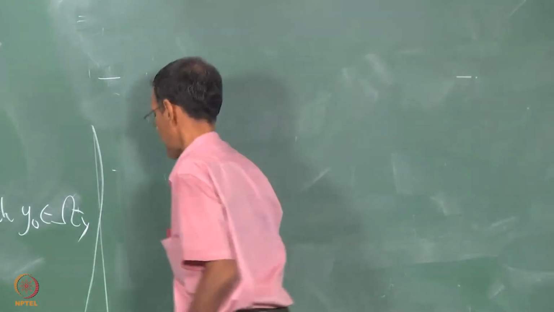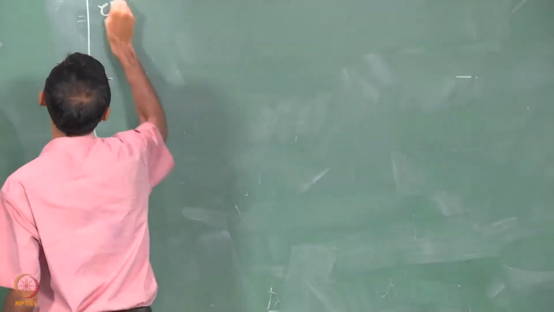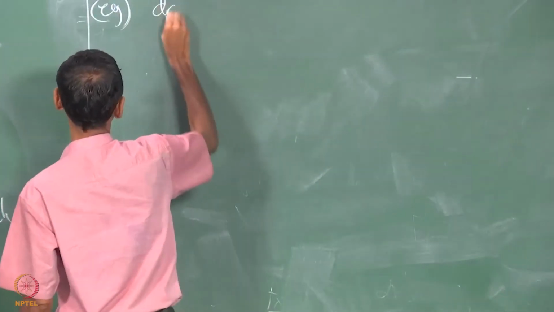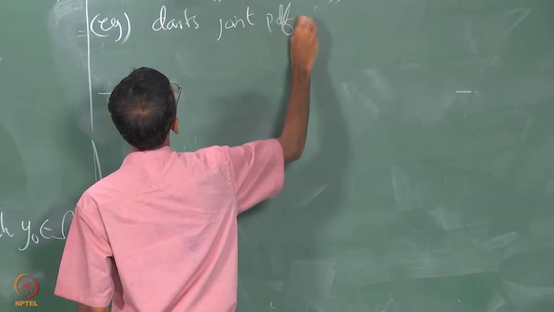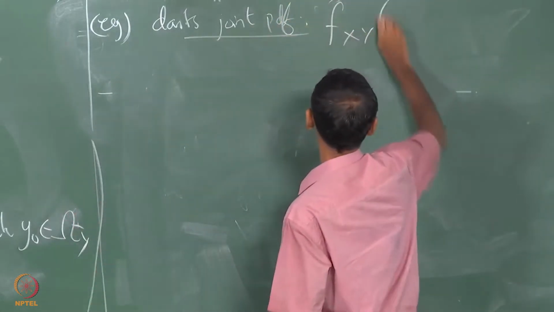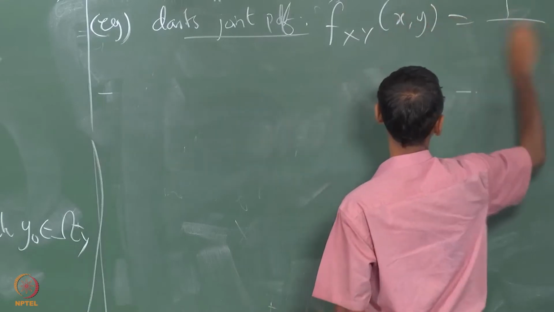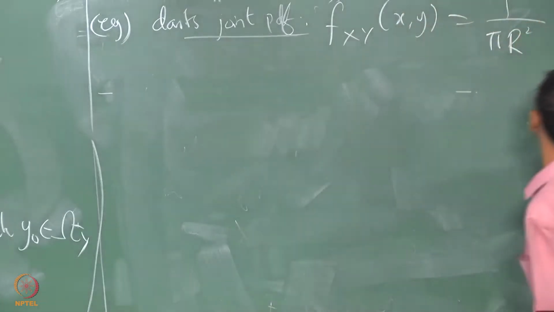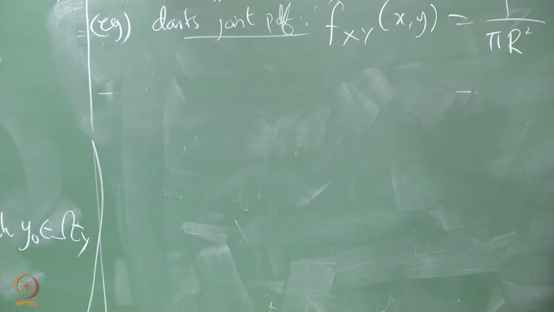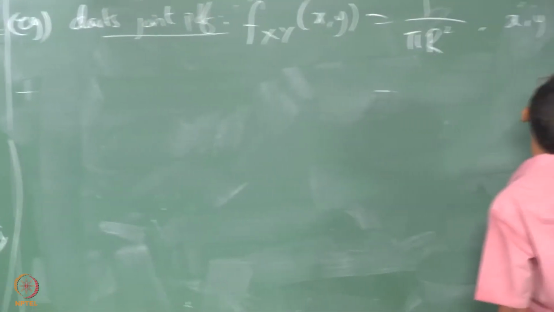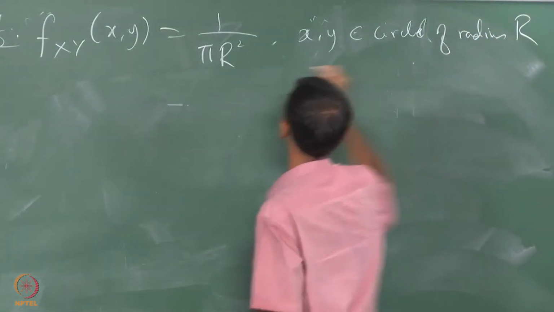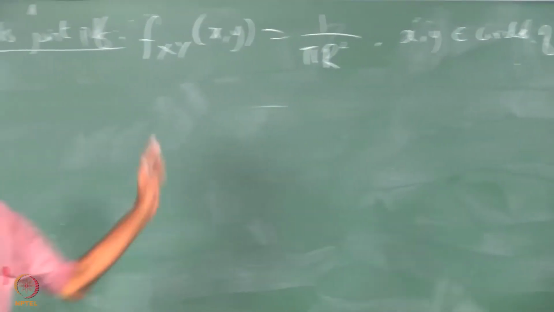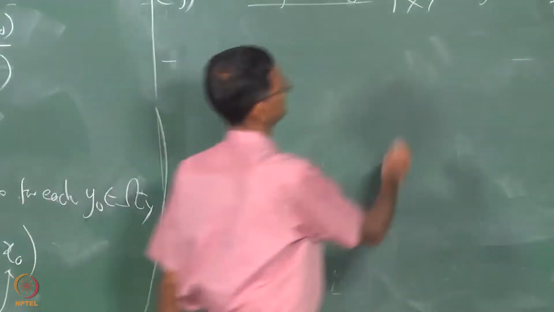So let us go and apply all this to our one example with darts, the so called darts joint PDF, where f of x y, x y was given to be some 1 by pi r squared for x y inside the circle of radius r, centered at the origin.